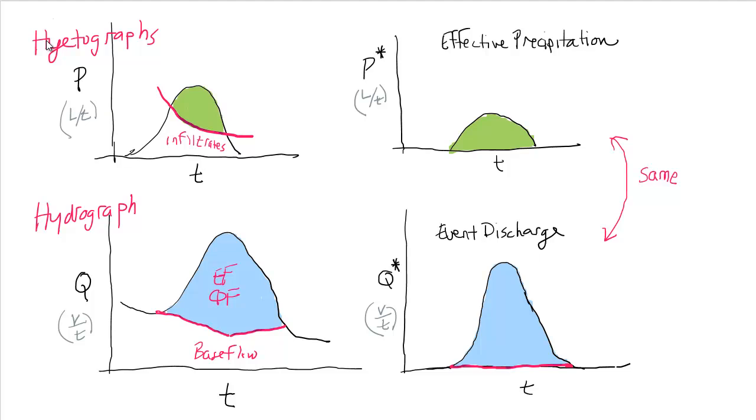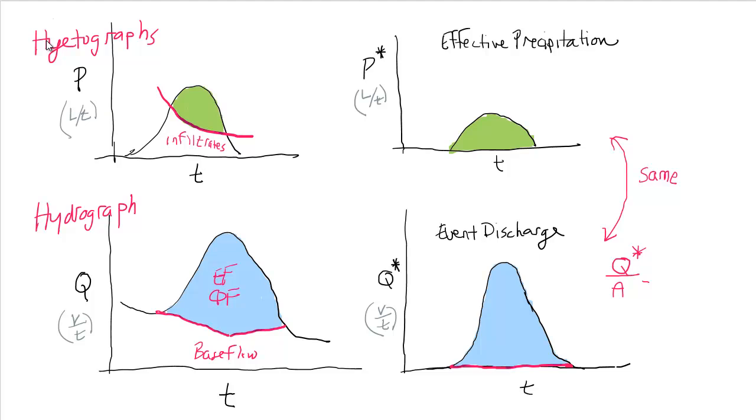So what we're going to need to do is put these into a common unit or a common dimension, and we're going to do that by calculating the discharge of the event discharge of the stream, and dividing that by the area of the watershed.